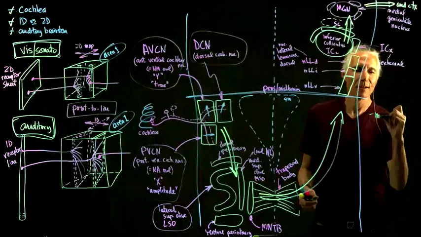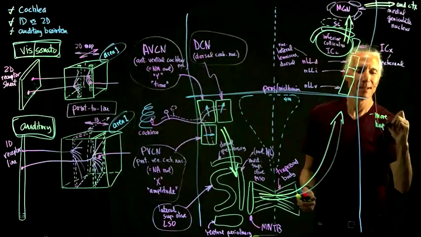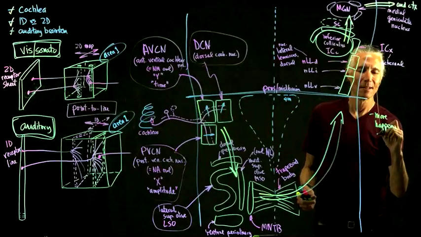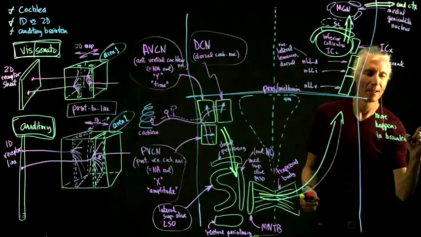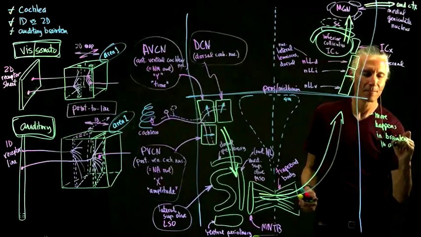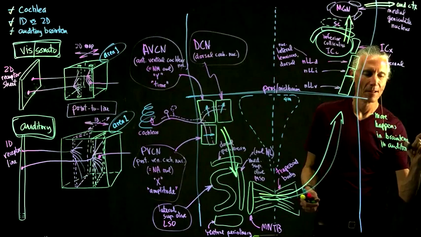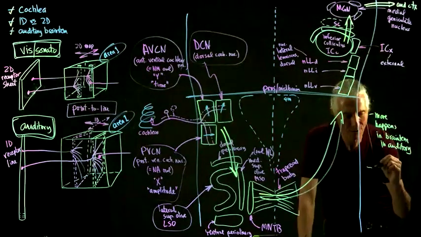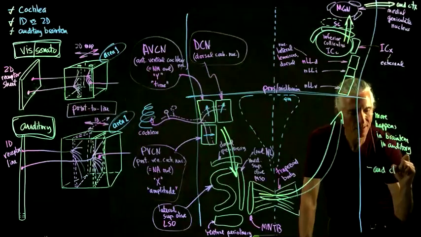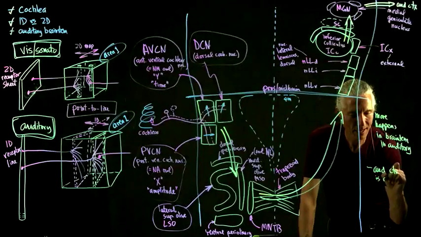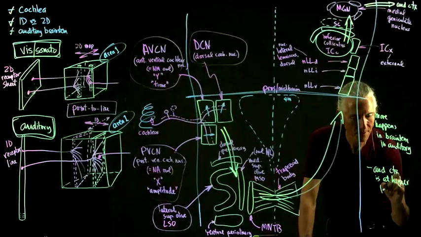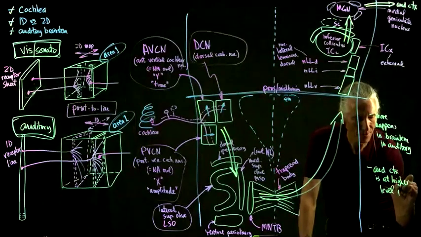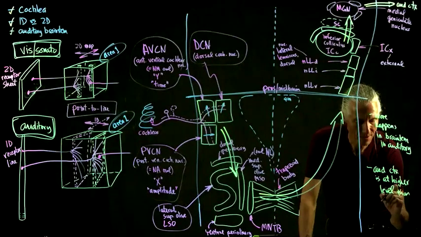More happens in the brainstem in auditory. And so that implies that auditory cortex is at a higher level than visual and somatosensory.